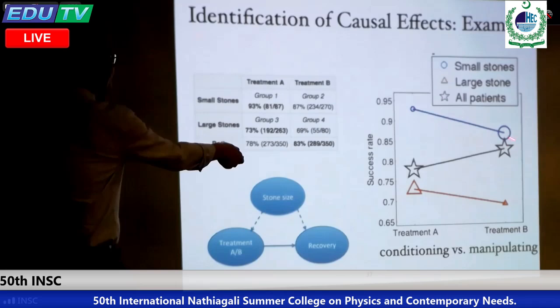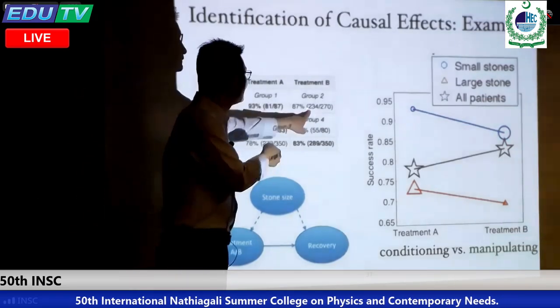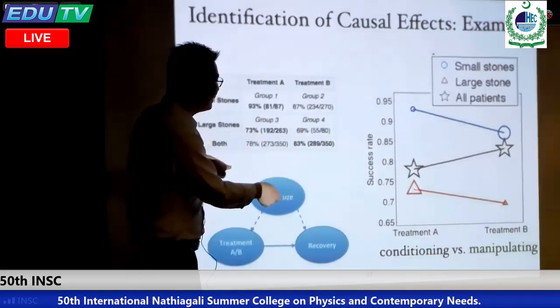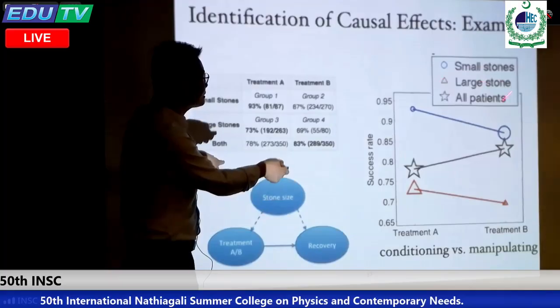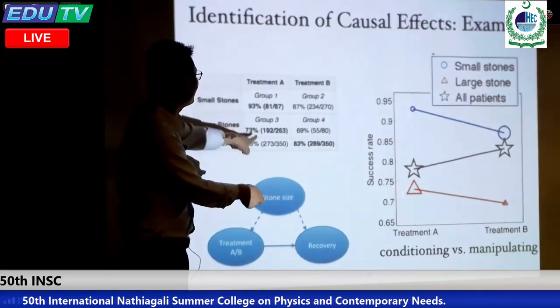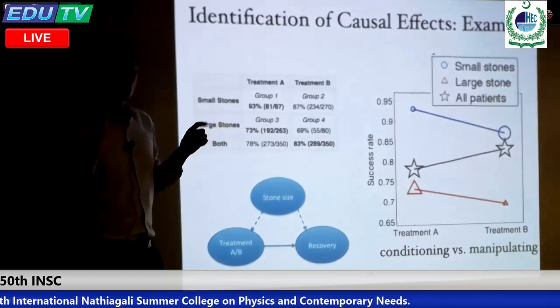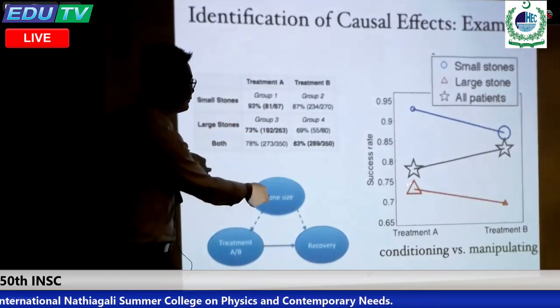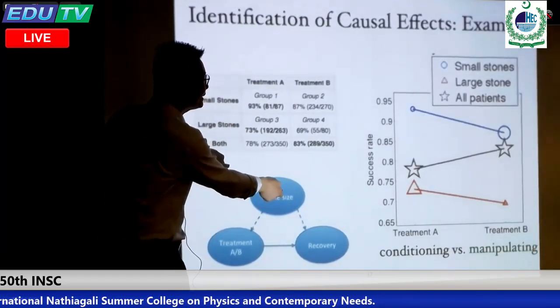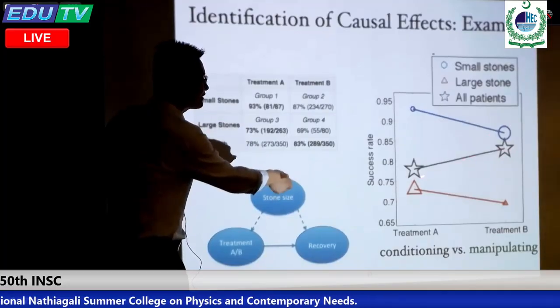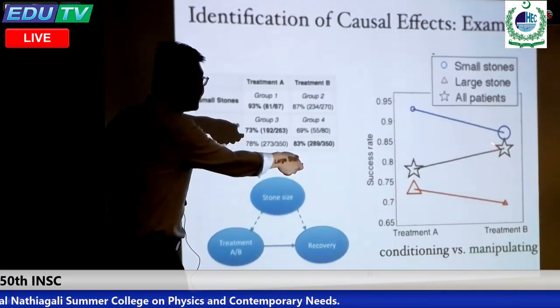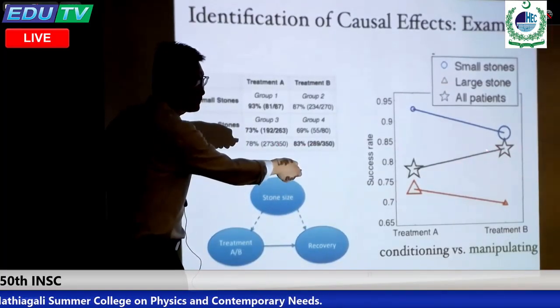But we have more people here, as you can see. And for those with large stones, A has more people. If you consider average, it's always a weighted average. Since I have a lot of people here and a lot of people here, you can see that on average, B would be better, corresponding to the last row.